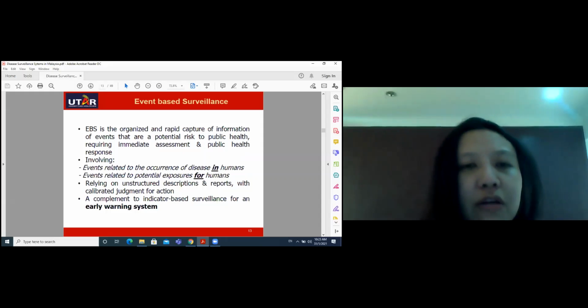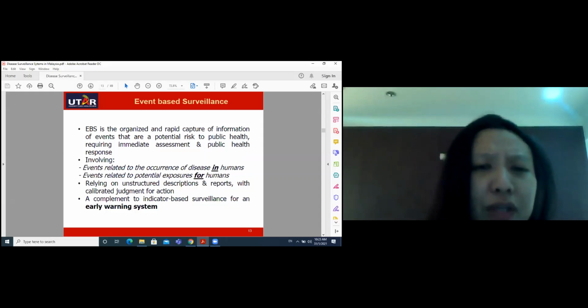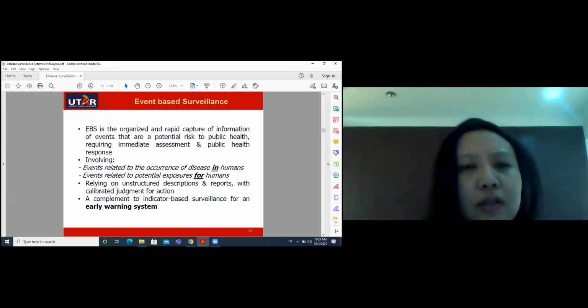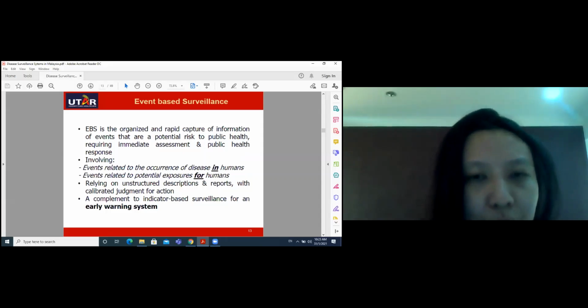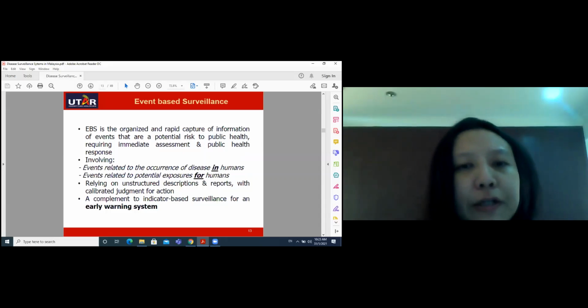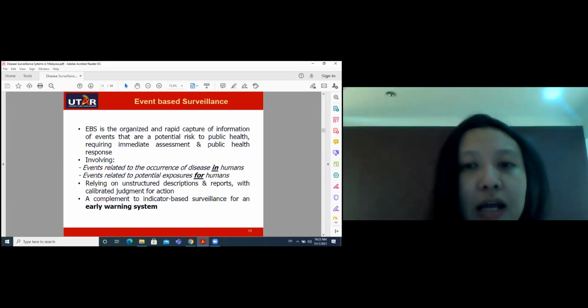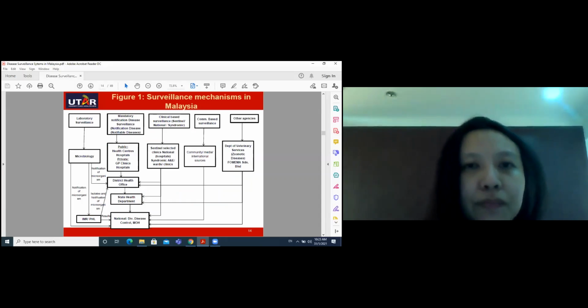So we rely very much on unstructured reports from sources like the internet, discussions in public forums, or discussions among health staff at different levels. This complements indicator-based surveillance as an early warning system.